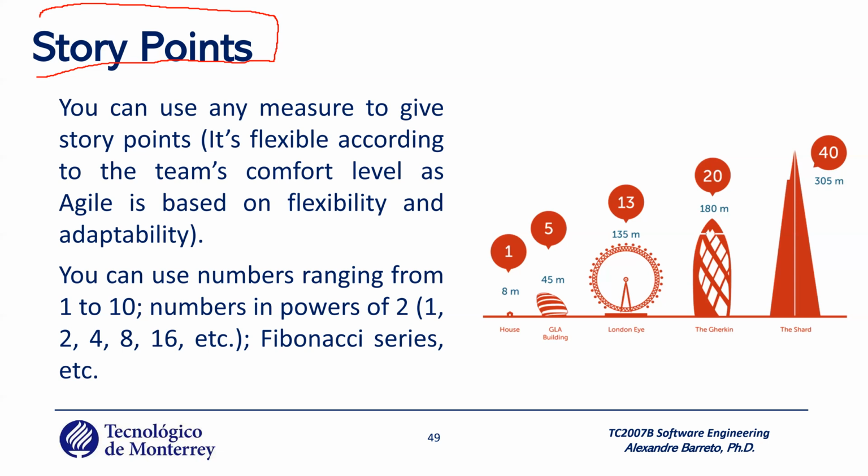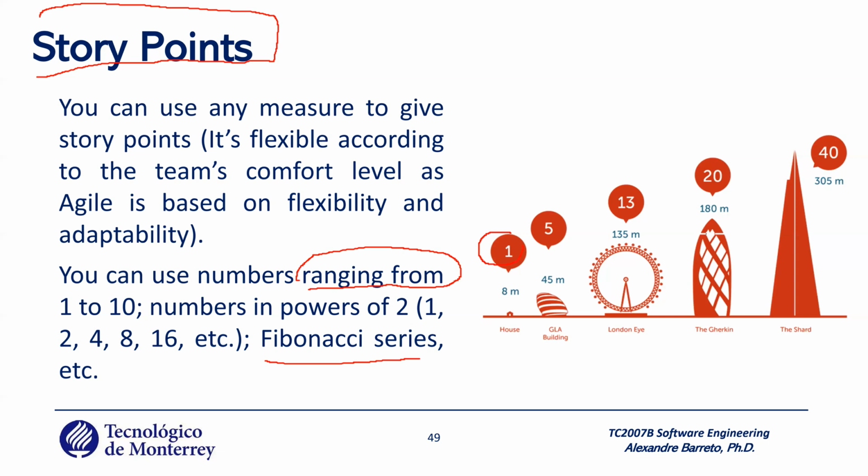It's hard to define, okay, it's 2 times worse, or I will spend 2 times more. It's the reason that you use a different type of ranging. In our case here it is Fibonacci. For example, Fibonacci uses 1, 2, 3, 5, 8, and so on.